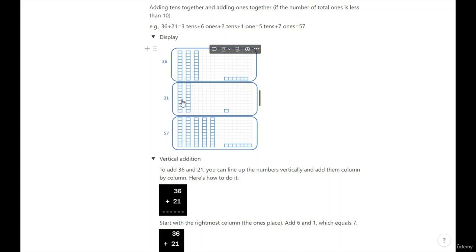It is 1, 2, 3, 4, 5 tens. Put it here. Then we put ones together. It is 6 ones plus 1 one. Then we put it here. It will be 7 ones here. So 36 plus 21 is 57.